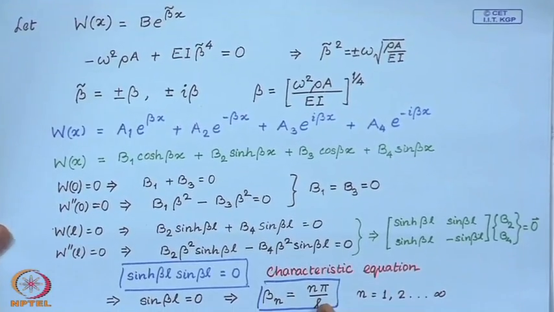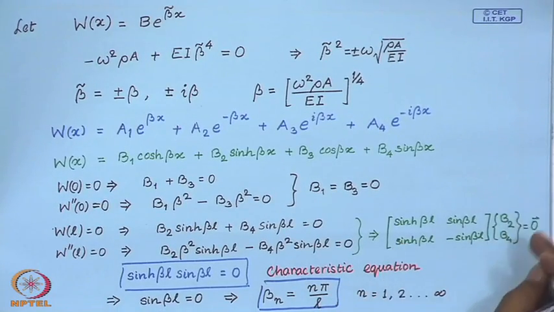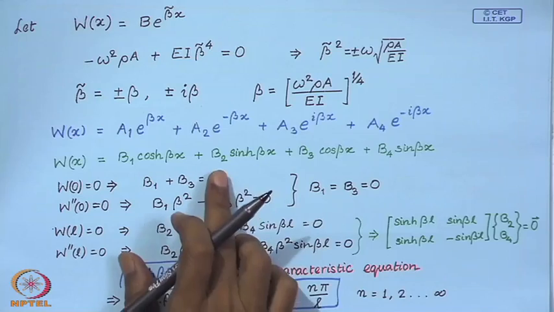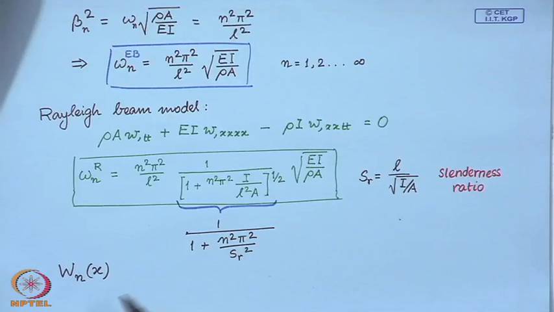So, we have these expressions of beta n, we will put in here and solve for B 2, B 4, then you will find that B 2 must vanish. So, only B 4 can exist. Therefore, the eigen functions will all be the sine functions.